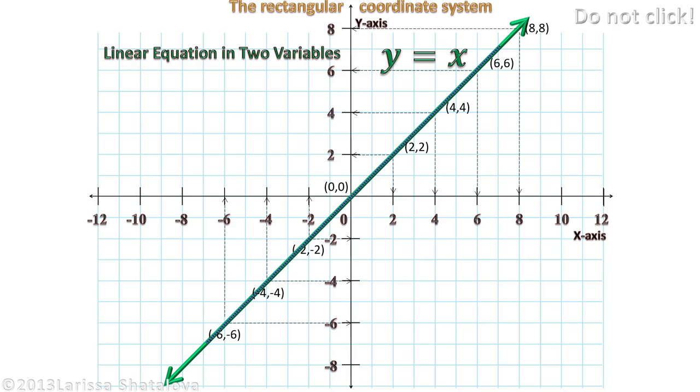If x equals, for instance, 1.3, the y coordinate for that point would be exactly 1.3. So a linear equation in two variables has infinitely many solutions.